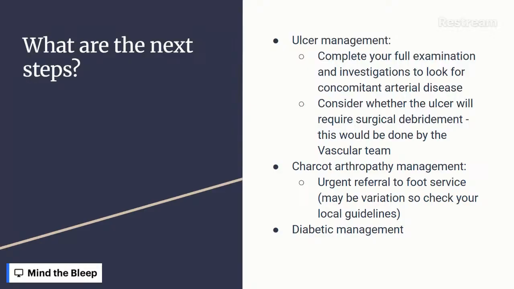If it would, then of course this is done by the vascular team. As for Charcot's arthropathy management, this needs an urgent referral to the foot service. This may vary, to be honest, from one trust to another. So obviously look at your local guidelines, whether or not you'd get the podiatrist involved, or if there's an alternative route there.